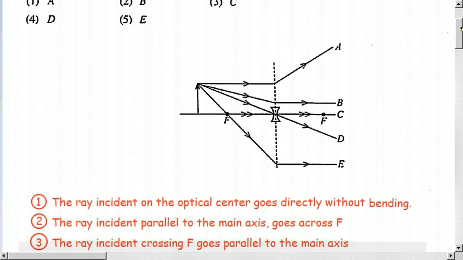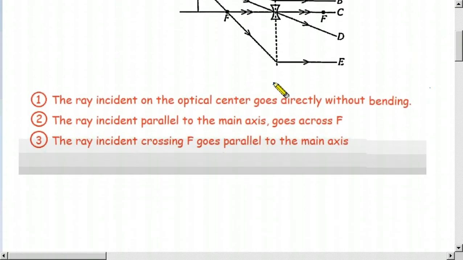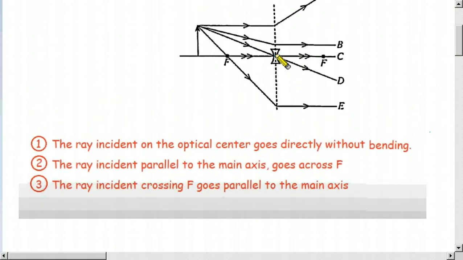Children, to answer these types of questions, you must know there are three rules. According to these three rules, we have to draw ray diagrams. The first one is: the ray incident on the optical center goes directly without bending. The optical center is the center of the lens. The rays incident on this optical center must leave the lens without bending, as a straight line.